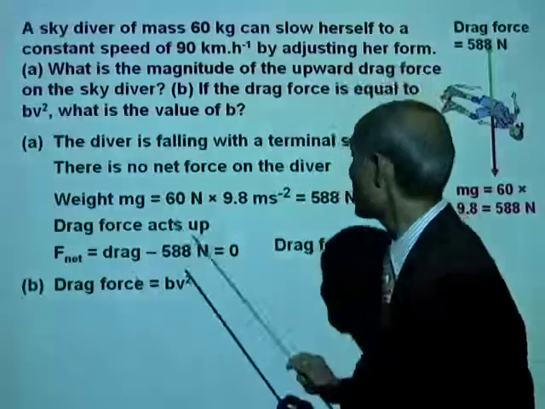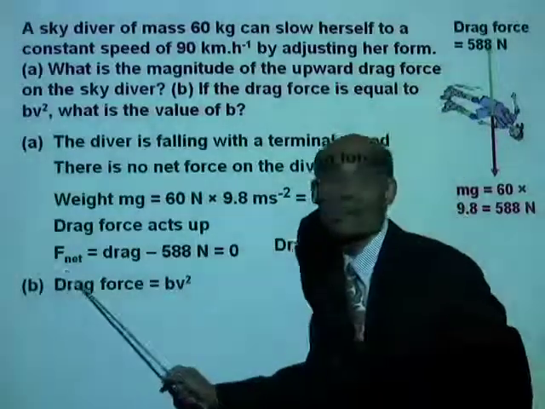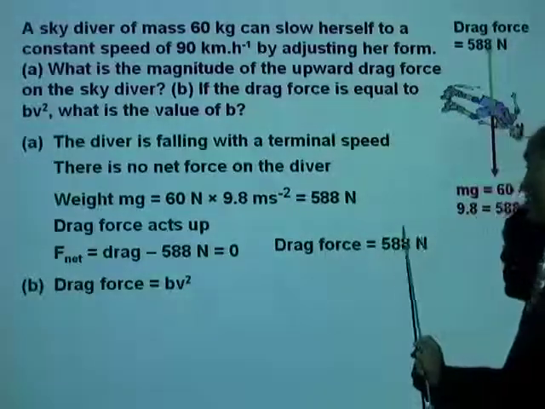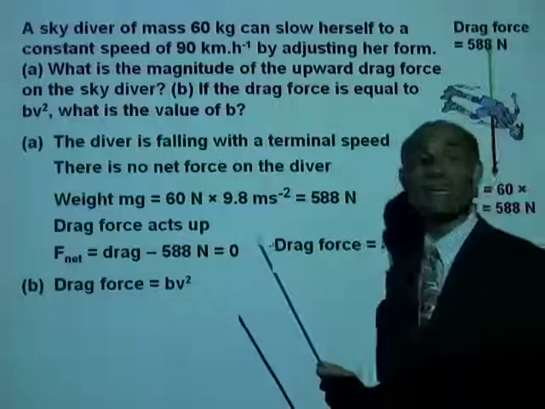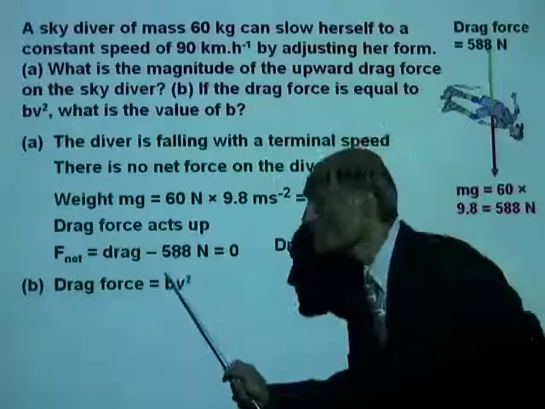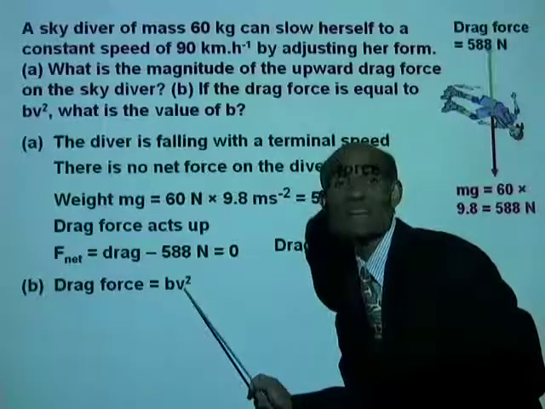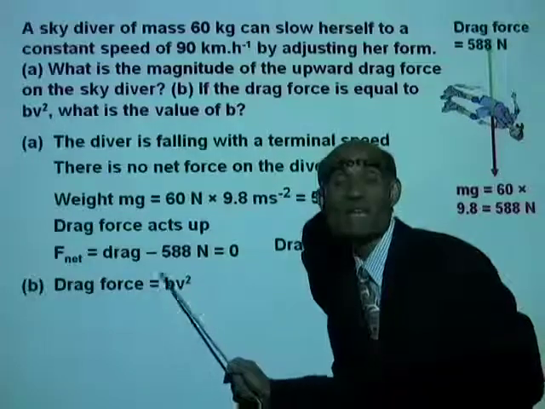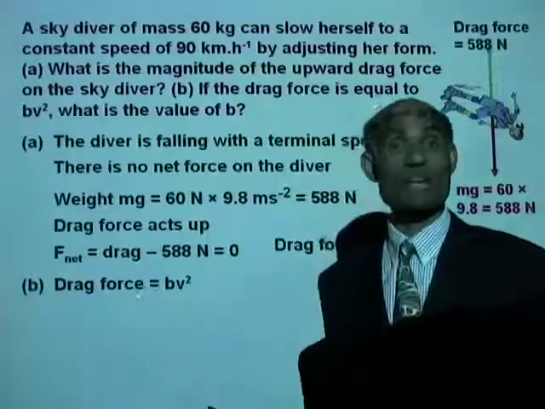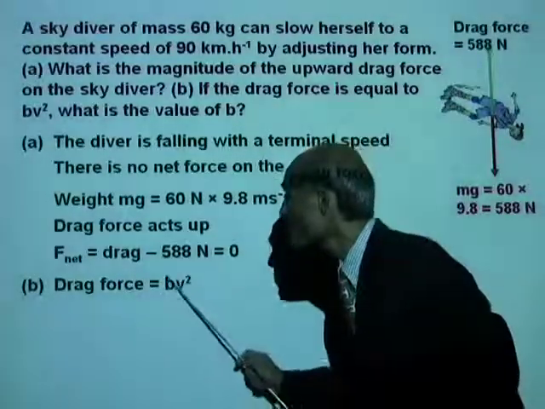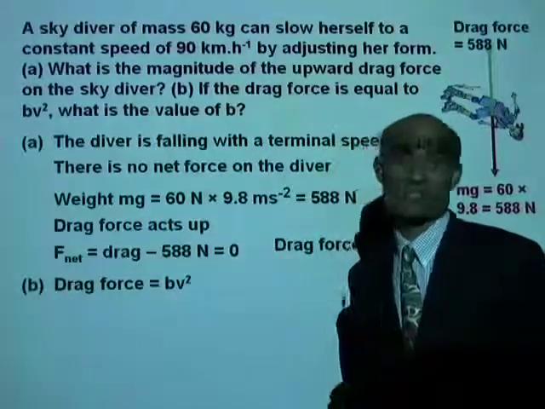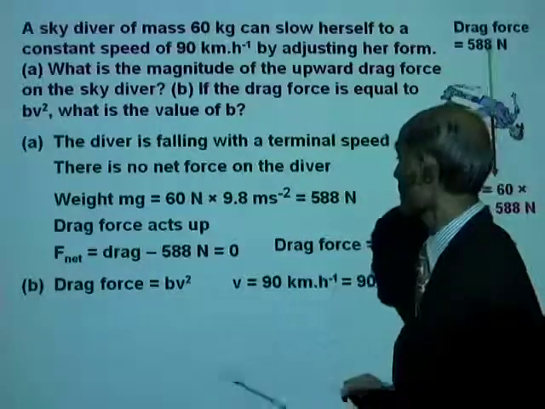So we should now be able to say this drag force, 588 Newton, equal to bv squared, where v is that terminal speed and b is the constant of proportionality. And we are required to find the value of that.